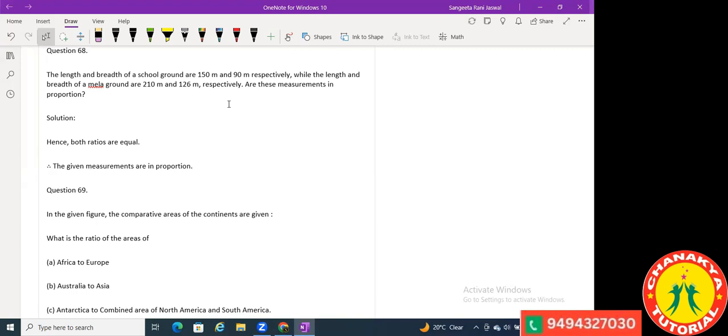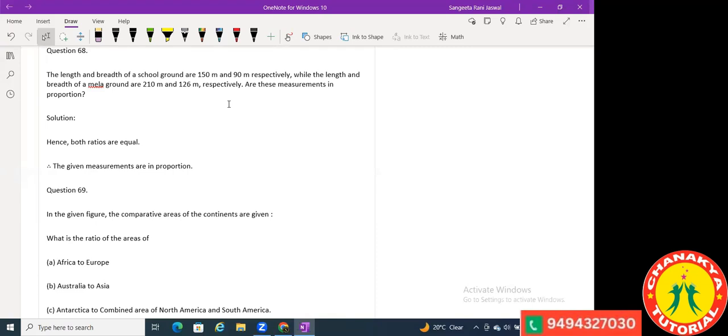Are these measurements in proportion? Now the question is asking you, are these measurements in proportion? That means are the two ratios equal? You know, to prove something as a proportion, we need to prove that the ratios are equal.